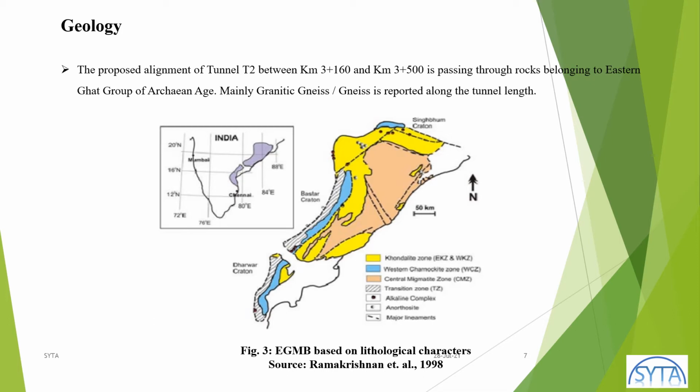Also, the granitic gneiss anticipated at tunnel grade is hard, massive, and compact. So we can very well conclude that more or less the strata at the site is granitic gneiss with different UCS and GSI values.